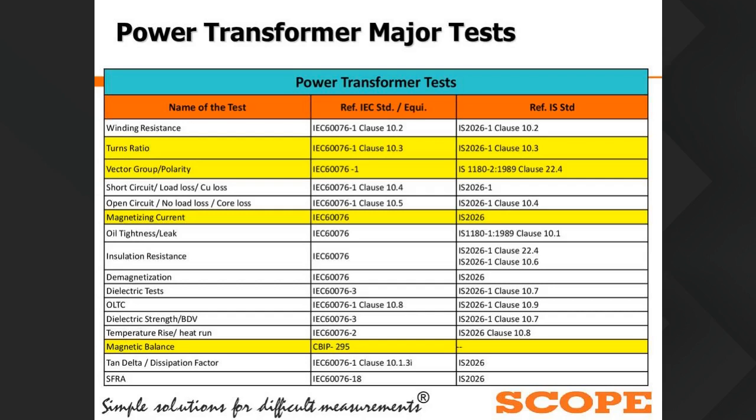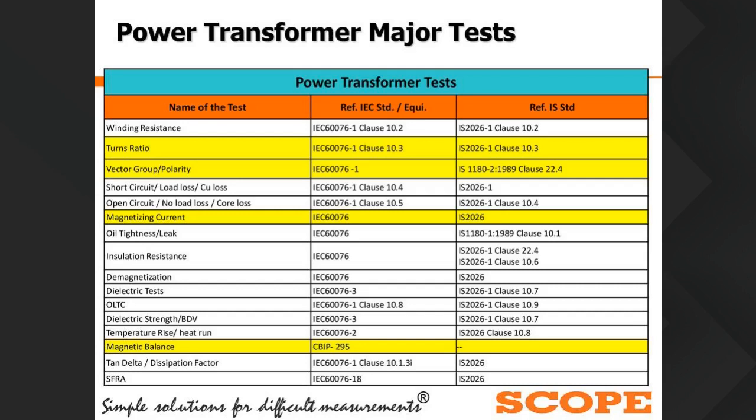You can see winding resistance, turns ratio, vector group or polarity, short circuit, open circuit, magnetizing current, dielectric tests, OLTC healthiness, then BDV, heat run, tan delta, SFRA, magnetic balance. Out of that, turns ratio test, vector group, polarity, magnetizing current, and magnetic balance: out of all the tests, around 4 to 5 tests we can do with the help of a single instrument, named the TTRM.